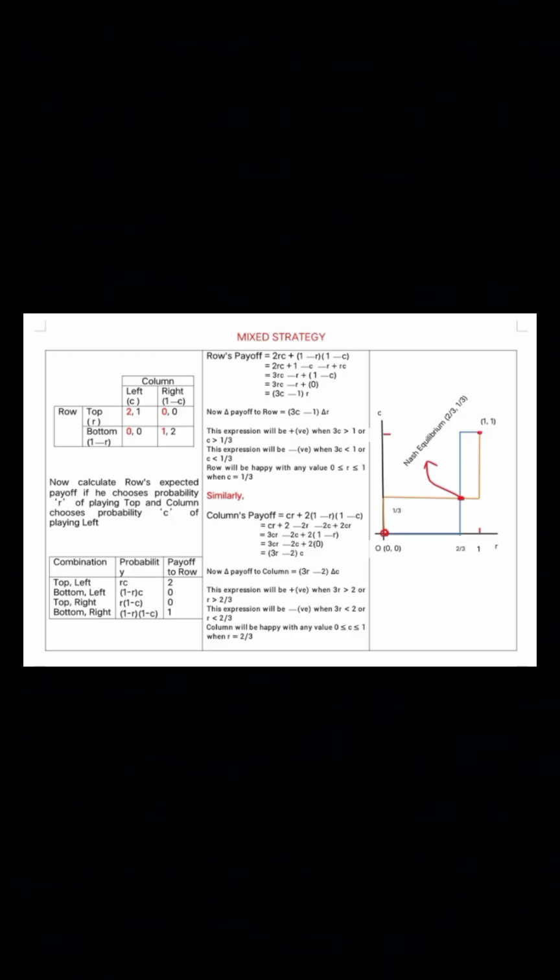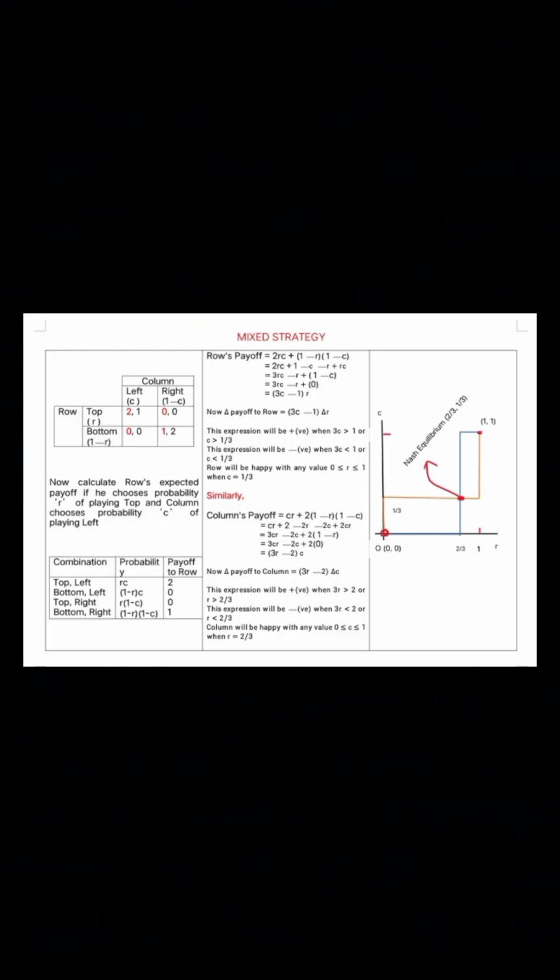Now, we will talk about column's response. If row chooses 0, column will want to make C as small as possible. This means where R is equal to 0, C is equal to 0. This choice will continue as a best response for column till R is equal to 2 by 3.